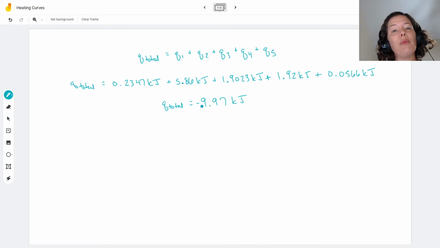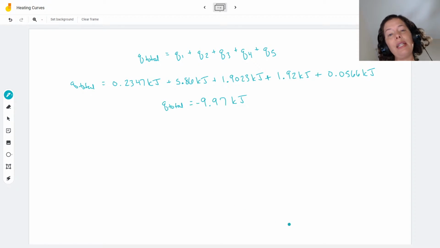Sometimes people will say 9.97 kilojoules removed and they won't make it negative. Other times they'll just make it negative and they won't specify that it is removed. And sometimes you'll see both the negative and that it is heat removed. So it really depends on what your teacher or your professor wants you to do in terms of the positive or negative sign.